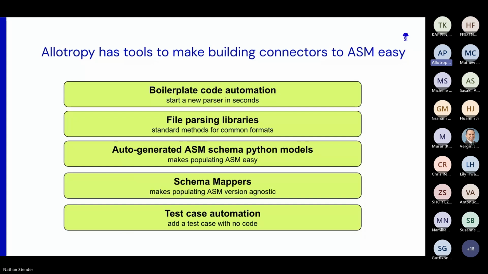We have Python models for the ASM schemas. So basically, we translate the schema into Python classes that you then use to fill out the ASM. We have the schema mapper that I mentioned, and we have test case automation, which makes it very easy to add new test cases when you have sample data, and lets you start doing test-driven development right away.